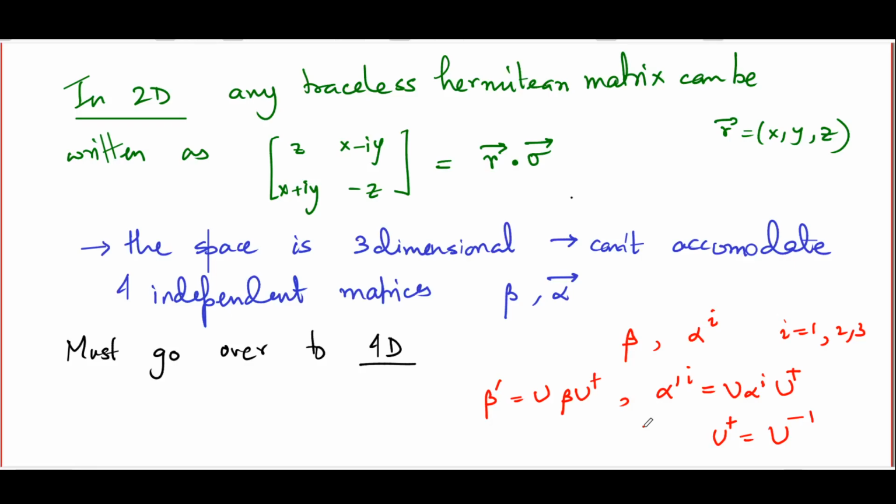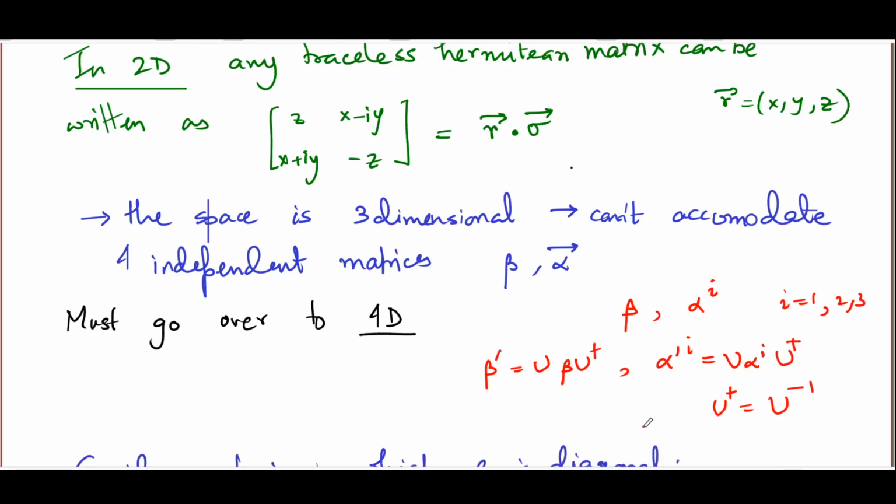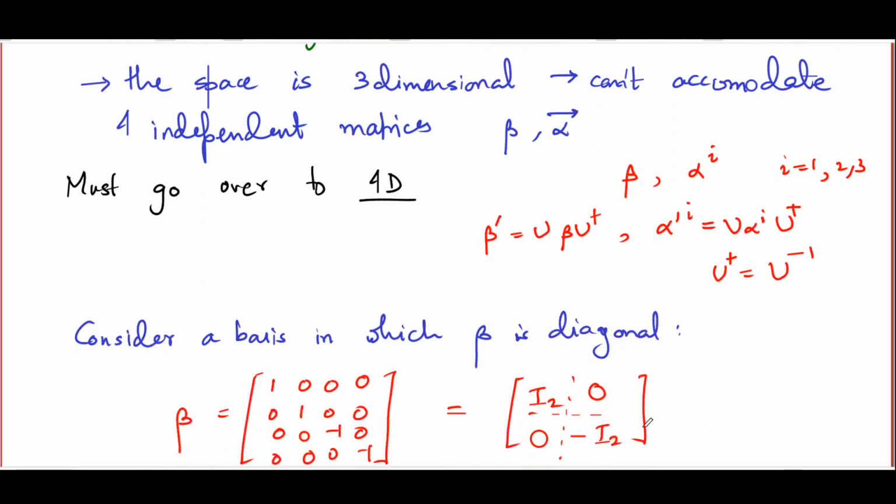But this actually is an advantage because we can use this to make our life a lot simpler. What we can do, for example, is by carrying out this unitary transformation, diagonalize one of these 4 matrices. We choose to diagonalize beta to begin with.